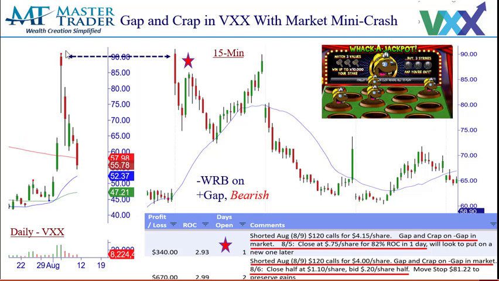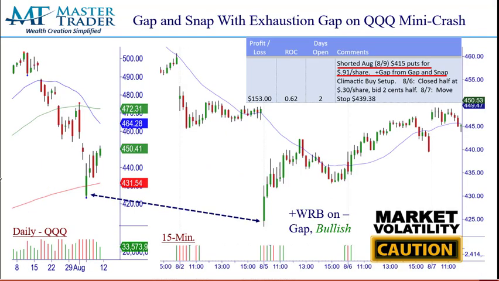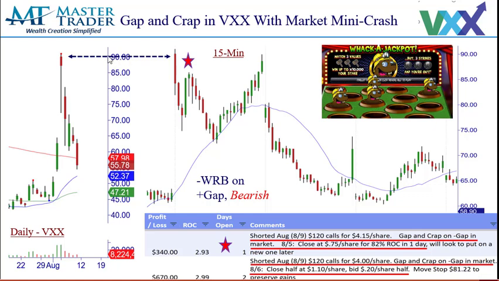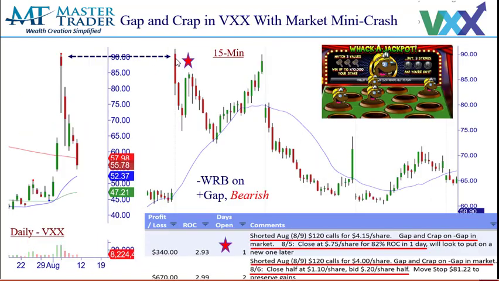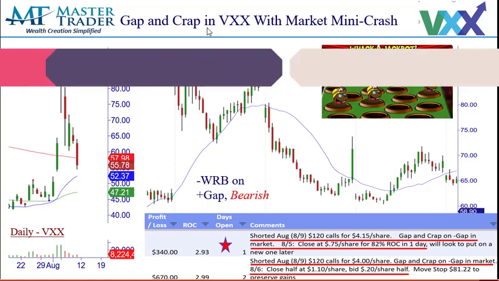This was our gap up the same day the spiders gap down. Look at that, to $90, far from the 20-period moving average. As soon as we got this 15-minute bullish reversal bar in the Qs and spiders, broader markets, the strategy says, now I want to sell naked out of the money calls or bear call credit spreads.